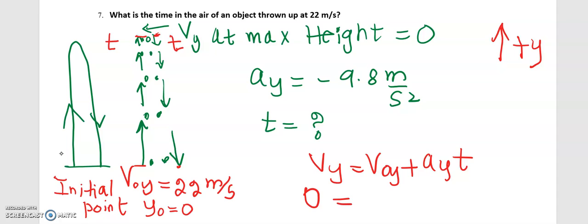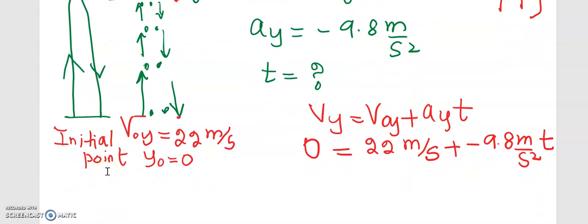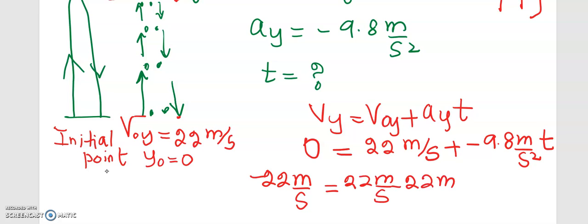Final y is 0, initial is 22 meters per second, acceleration is negative 9.8 meters per second squared. Yes, there's only one unknown, that is the time. And if I subtract 22 meters per second from both sides, I'm going to end up getting, you can see you have a positive sign and a negative sign.